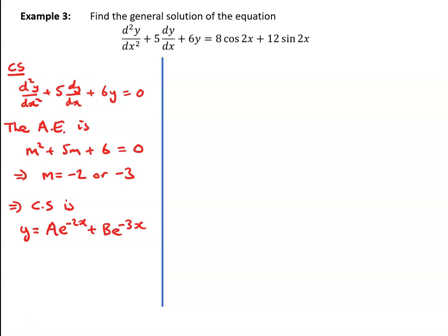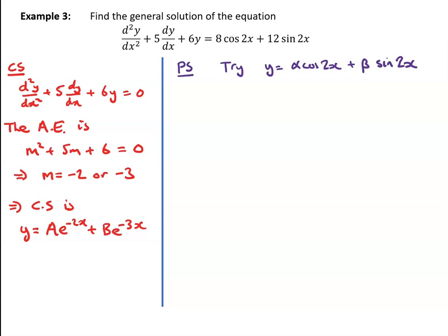We now need to look for a particular solution. Now in this case, the right-hand side of our differential equation takes the form 8 cos 2x plus 12 sin 2x. So it seems sensible to start off trying to find a particular solution of the form y equals alpha cos 2x plus beta sin 2x.